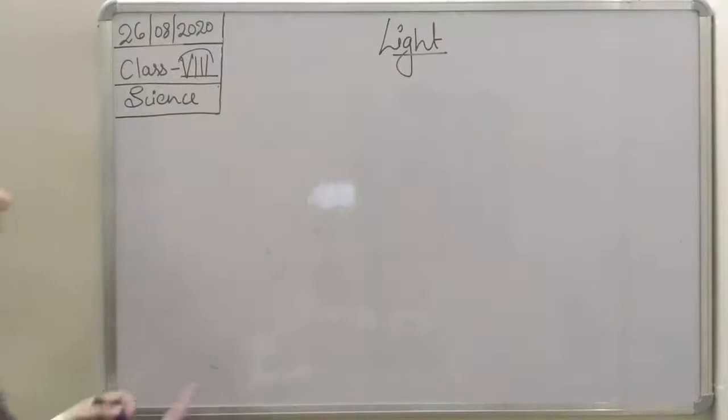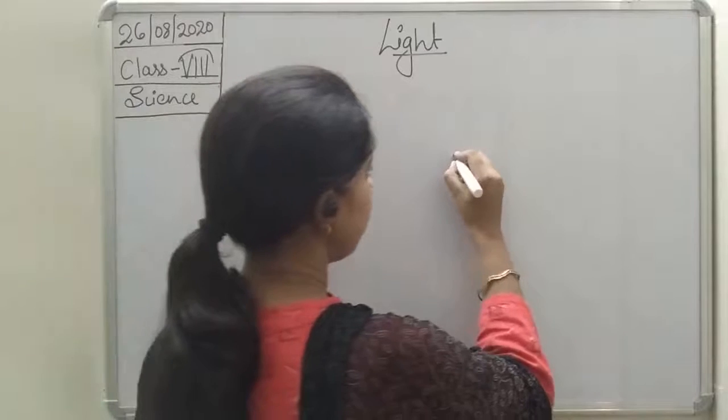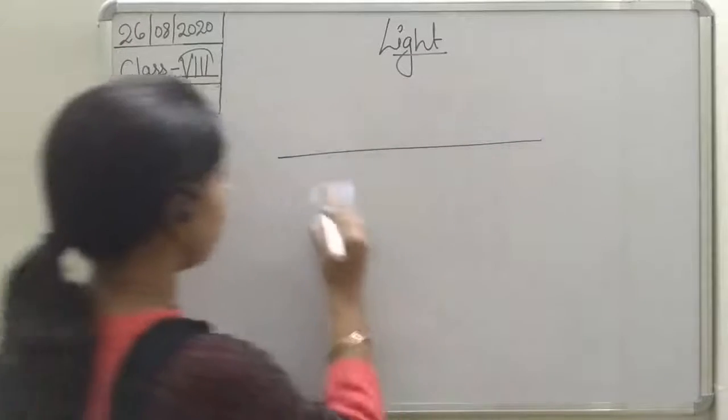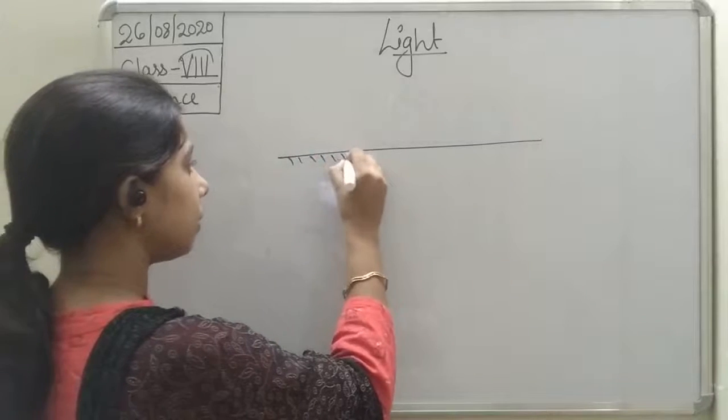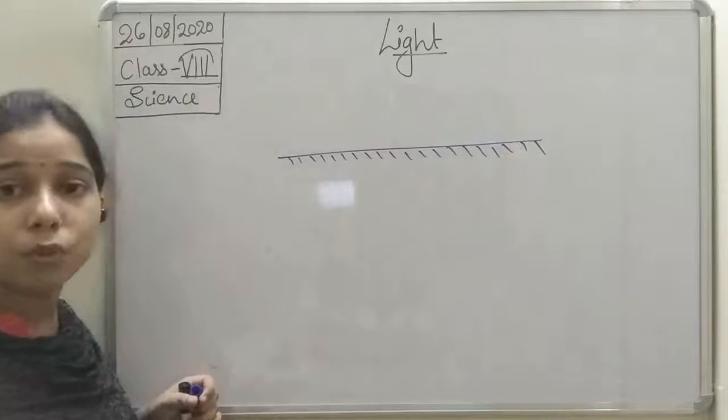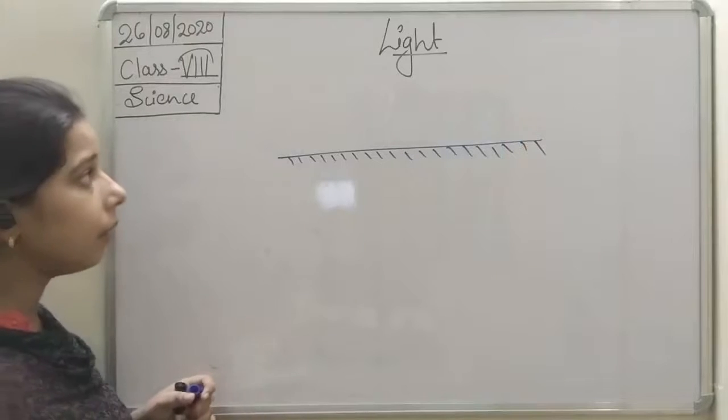So you see, students, let me draw it here itself. Now this is a mirror. A plain mirror or smooth mirror is there, students.